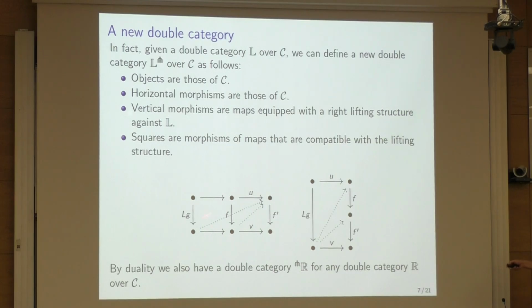So this dotted arrow should be here instead. And yeah, there's a dual vertical condition, which basically explains how you can vertically compose maps which carry a lifting structure. So this picture is there's a kind of dual picture. So this explains how you can actually get a new double category over C out of the old one, and there's a dual story as well.